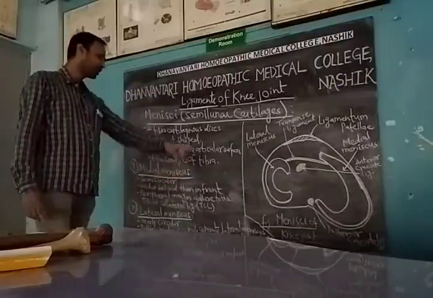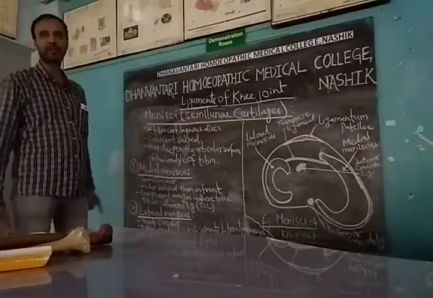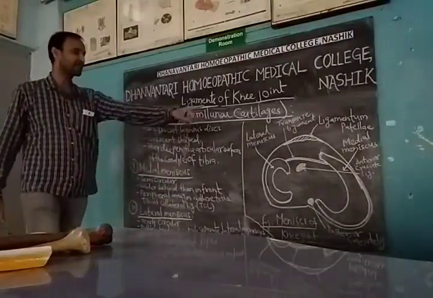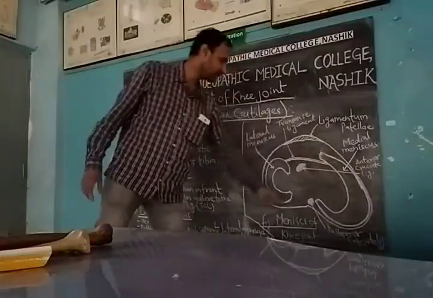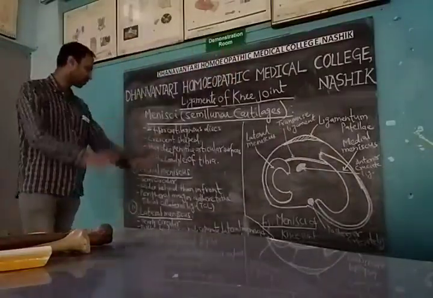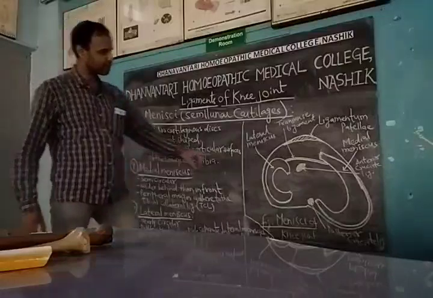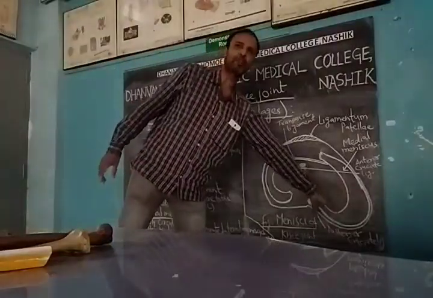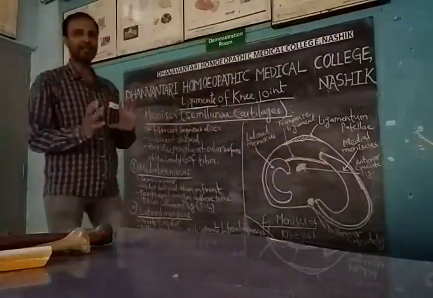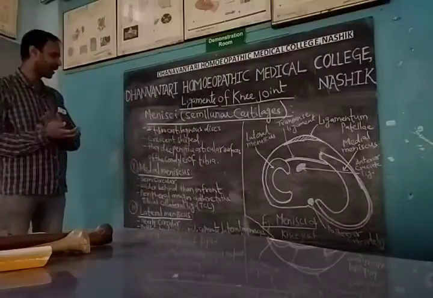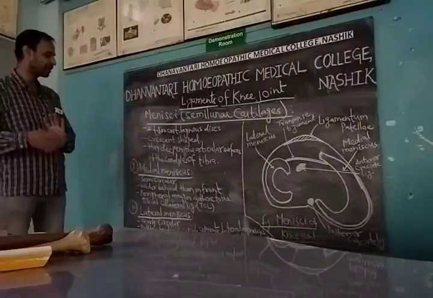If you see the medial meniscus, it is more semicircular in shape. Second, it is wider on the posterior part than on the anterior part, so this cartilage is wider behind than in front.